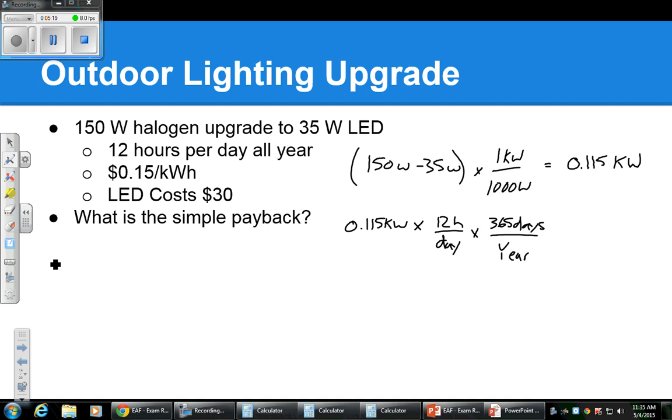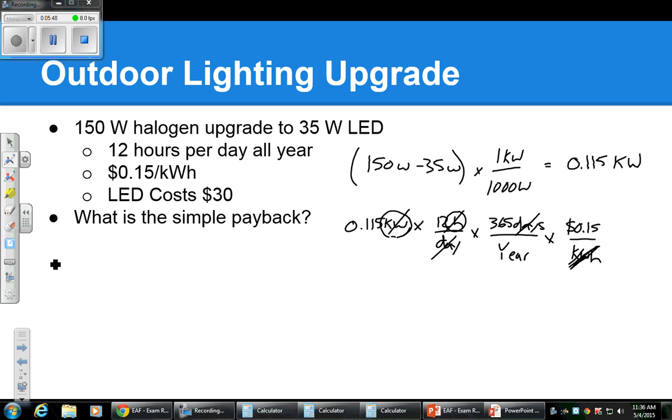I can take it to the next level and even multiply that by the price, so times 0.15 per kWh. Again, I want to think about crossing out my units. My kilowatts and hours multiply together and cross out with the per kWh, my days are gone, and I'm left with dollars per year.